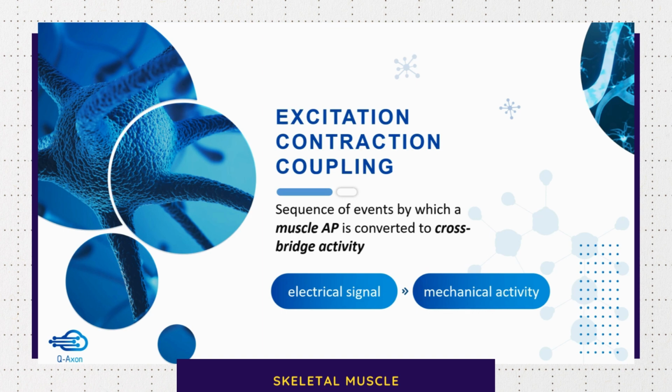So this muscle contraction at the molecular level is nothing but cross-bridge activity. So you can define excitation, contraction, coupling as the sequence of events by which the muscle action potential is converted to cross-bridge activity. So what is happening is an electrical signal is finally being translated into mechanical activity.